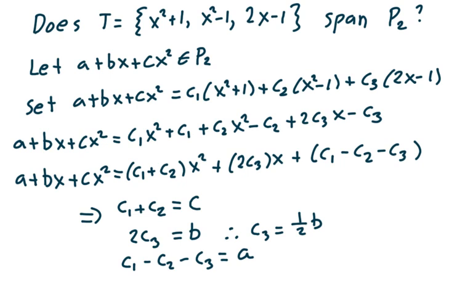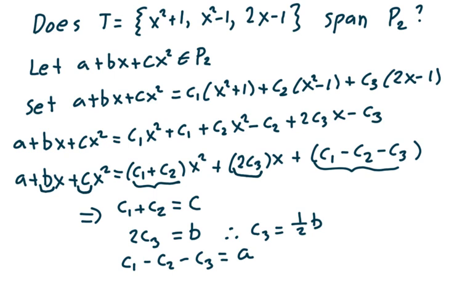That's the goal. Now, if you notice down here, I get c1 plus c2, right? Looking at the x squared term, this has no choice but to be equal to c. 2c3 equals b. And then c1 minus c2 minus c3 equals a.